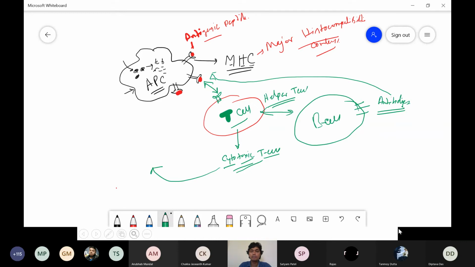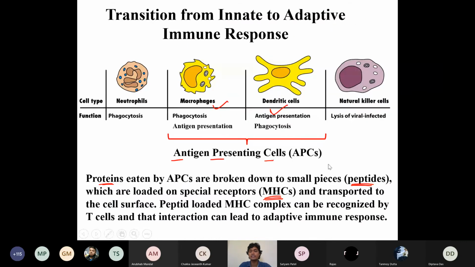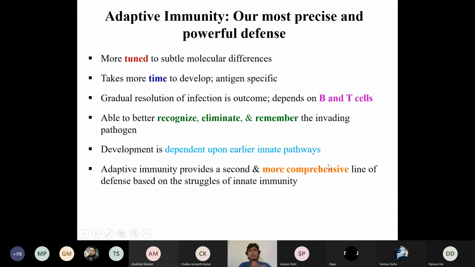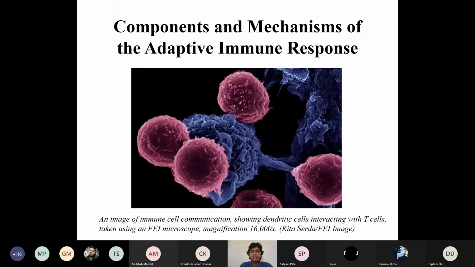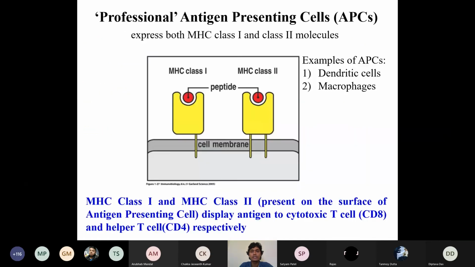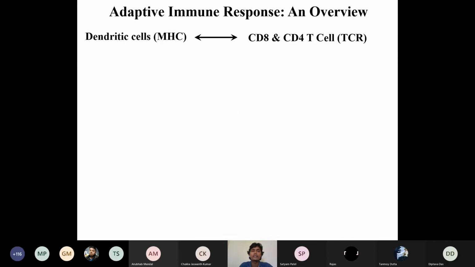Okay, so let me go through the slide. You will understand. Those things I'm not going into, I already discussed. So here, a little bit of information is present. Here, dendritic cell. That means this is actually APC, antigen presenting cell, right?